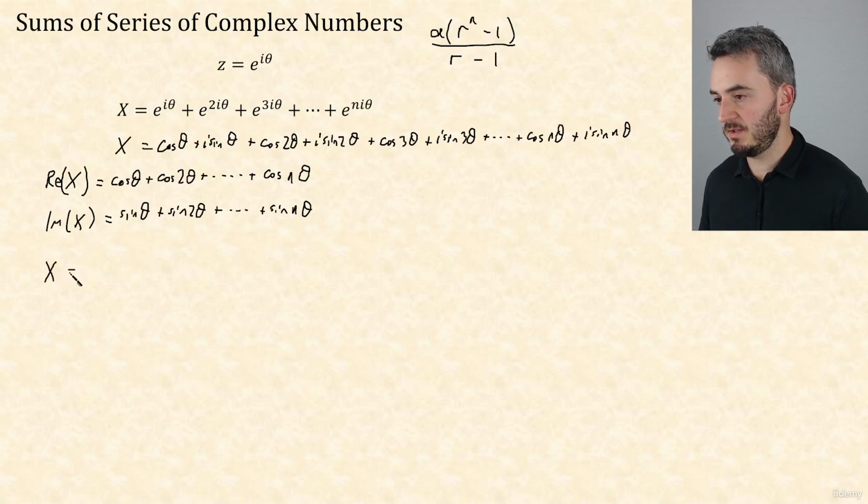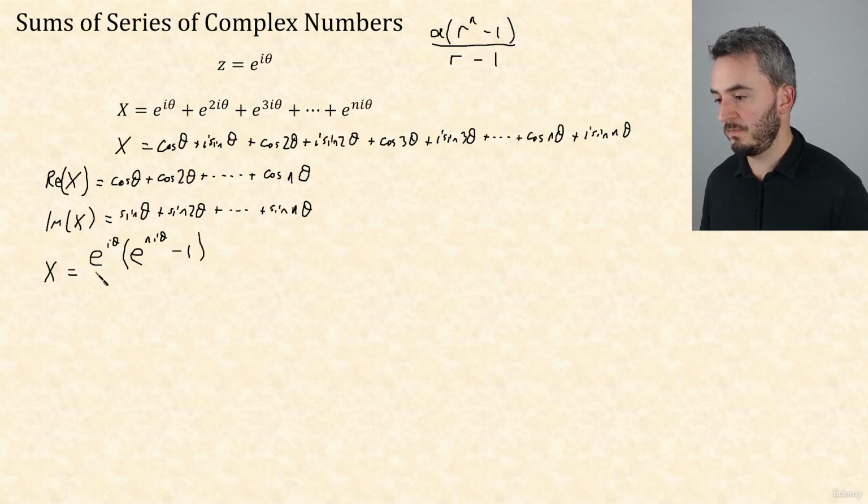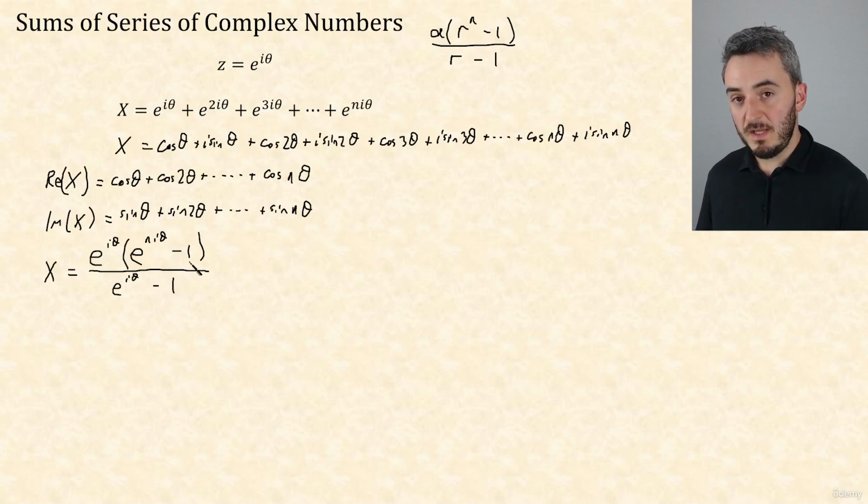Now the ratio is e to the i theta as well, and we're raising that to the power of n, so that's e to the n i theta, then minus 1, all over the ratio minus 1, which is e to the i theta minus 1. So if we can split this x expression up into its real part and its imaginary part, we will have an expression for the sum of these cosine terms and an expression for the sum of these sine terms. So how do we do that?